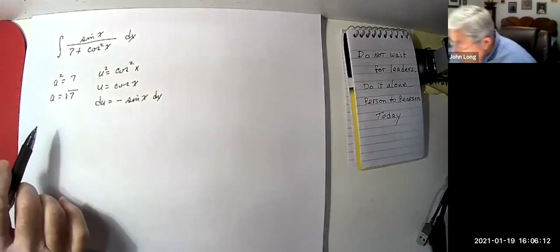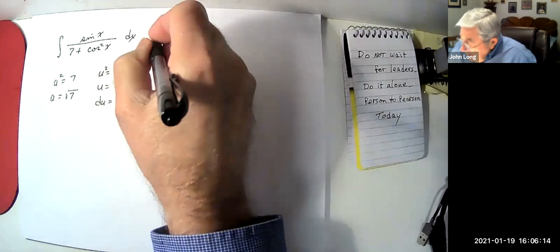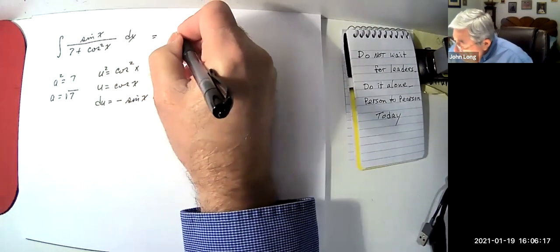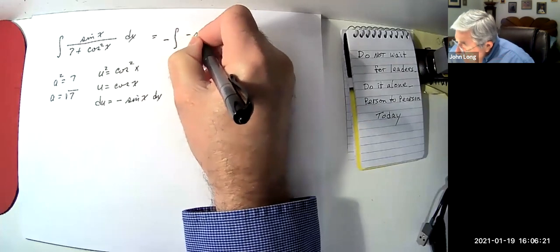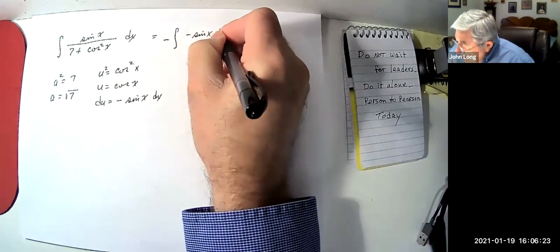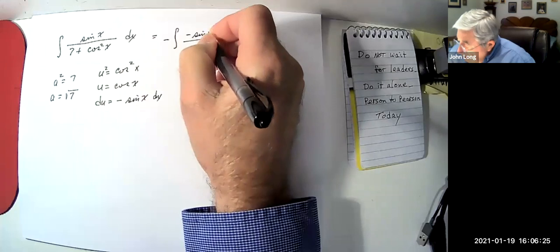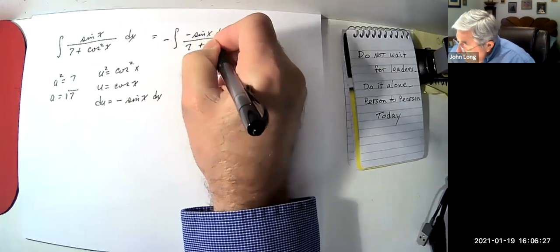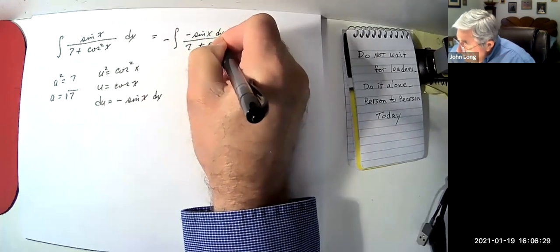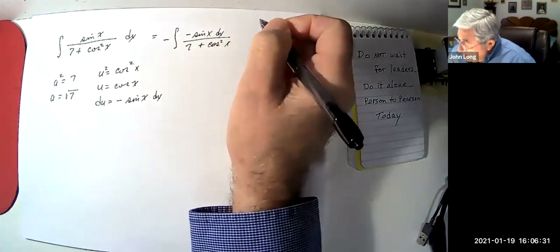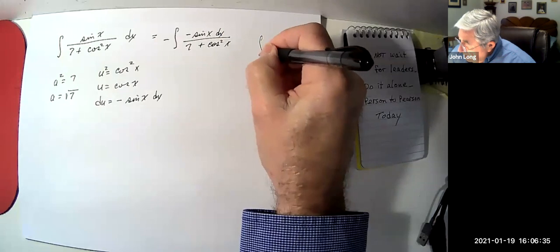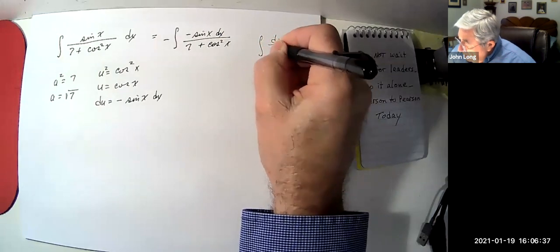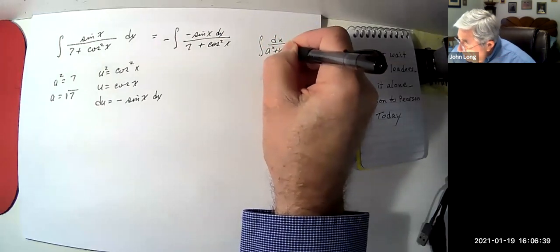So we almost have a du up there, not quite. We're going to take this and rewrite it as negative sine x dx over 7 plus cosine square x. And so now it fits the formula exactly, the integral of du over a square plus u square.